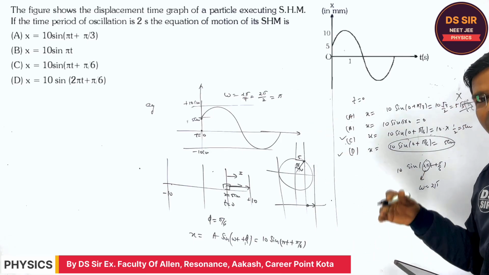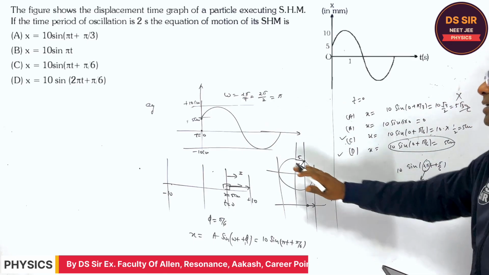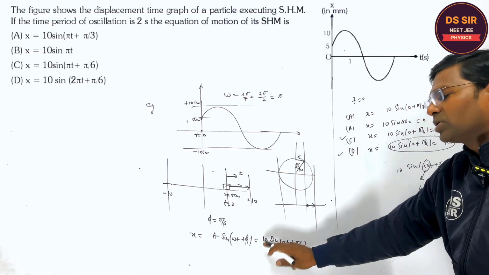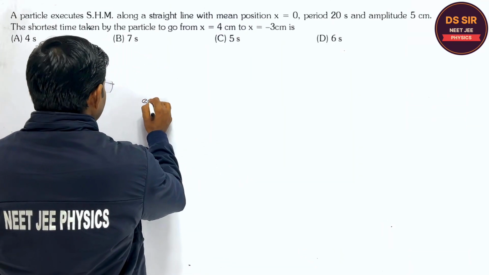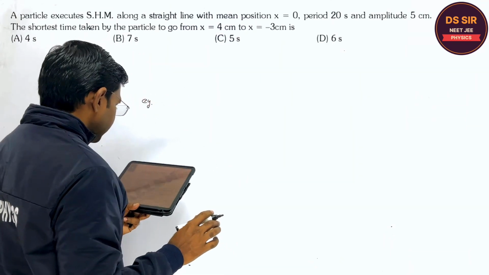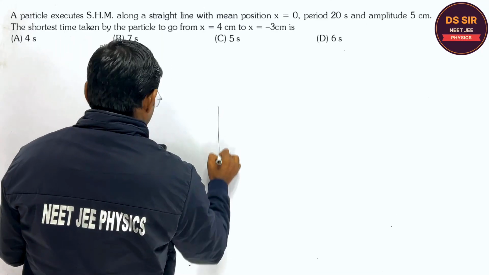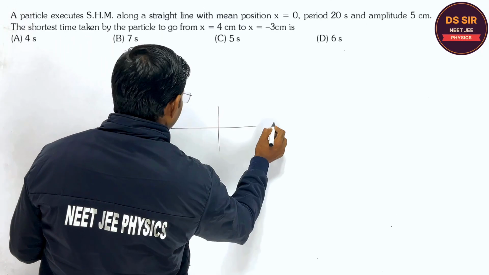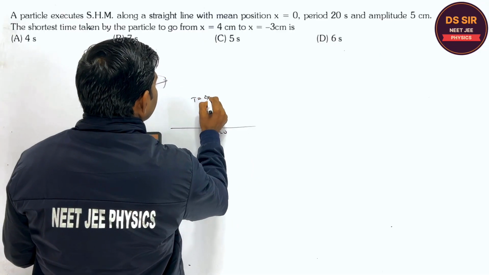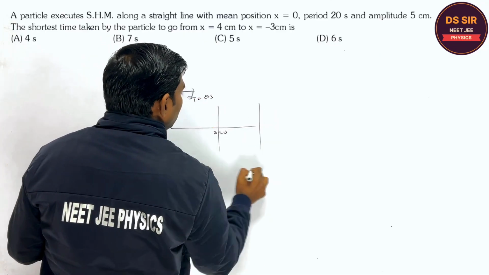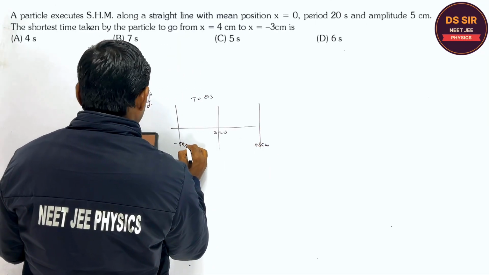Sometimes this technique may help you to understand things, but the correct way to solve this question is this. Read this question. What they have said: a particle executing SHM on a straight line, with mean position x is equal to 0, the time period is 20 seconds, and amplitude is 5 centimeter, it is plus 5, minus 5.